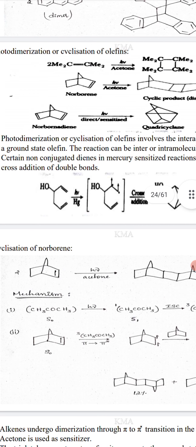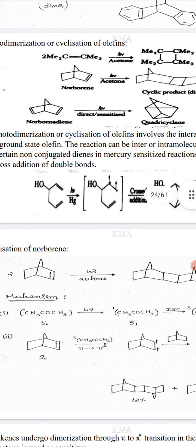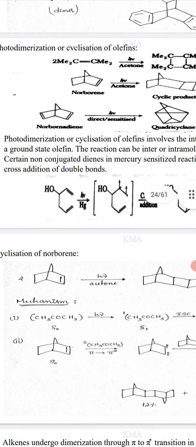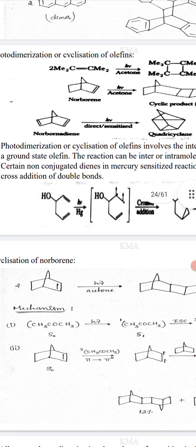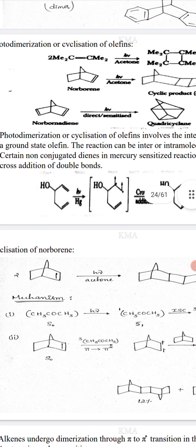As we have said, it can be intermolecular or intramolecular. Norbornadiene is an intramolecular reaction. When it absorbs light in presence of a sensitizer, it gives rise to a quadricyclane.